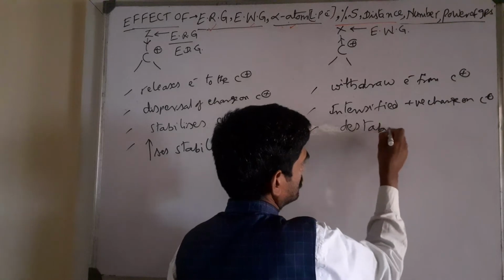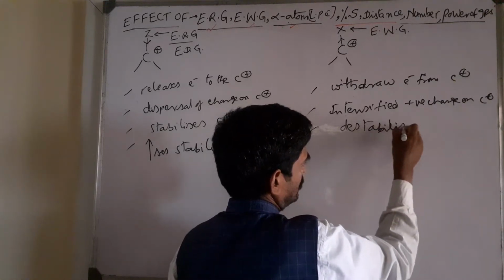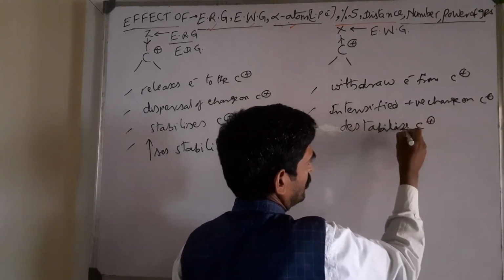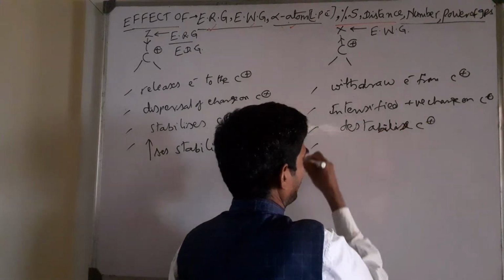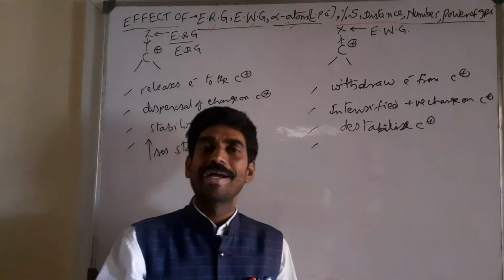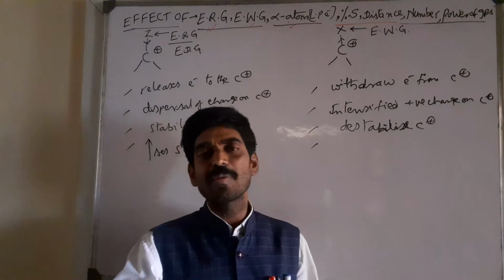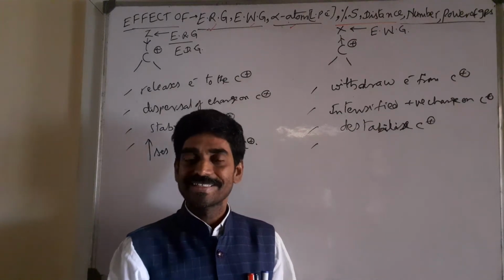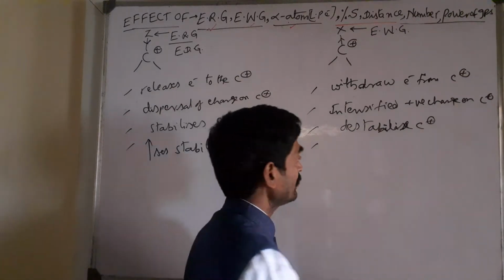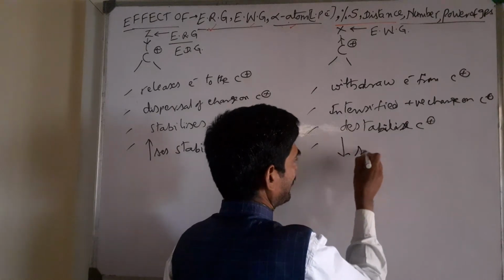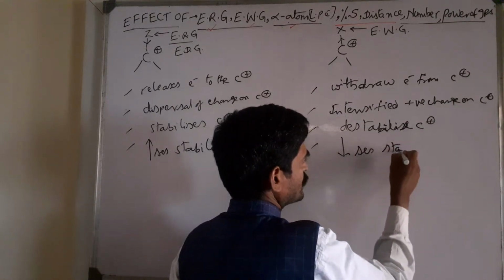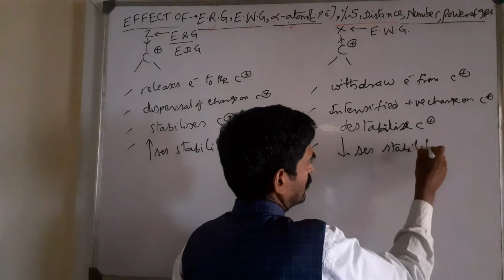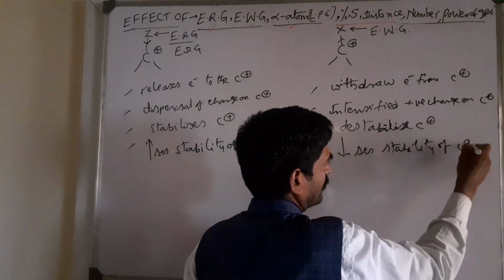The carbocation is destabilized, then it is going to be more and more unstable, right? Okay, then it decreases the stability of the carbocation.